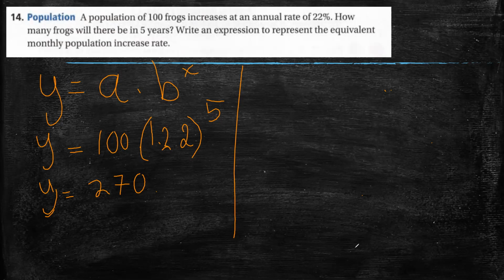In the first step here, I found how many frogs there will be, the first question: how many frogs will there be in 5 years? And we found 270 frogs after 5 years. The second question: write an expression to represent the equivalent monthly population increase rate. So I now need to write it as y equals a times b raised to the power x.